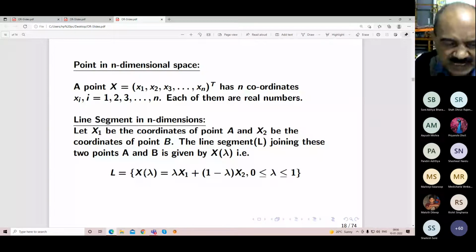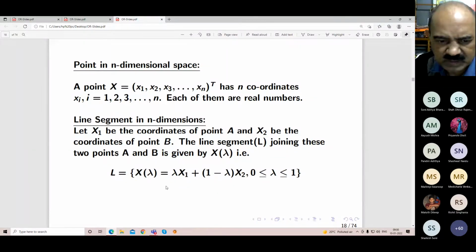This x is a function of lambda. So x of lambda is lambda times x1 plus 1 minus lambda times x2. What about lambda? Lambda varies in the closed interval 0 to 1.